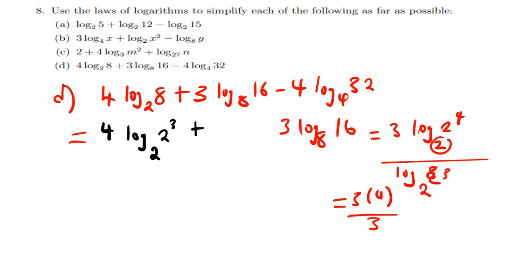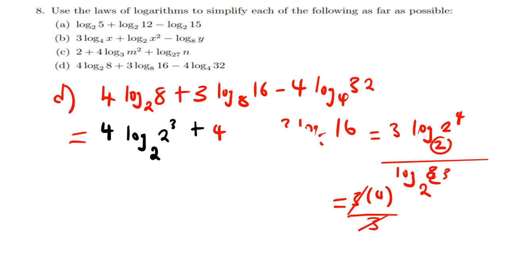I'm going to have a 3 down like that, and when I solve that, what do I have? The 3 and the 3 can divide, and I think I only have a 4 when I convert it to base 2.